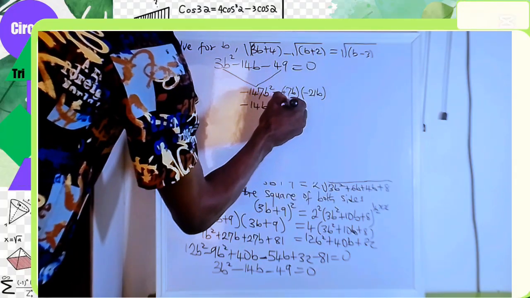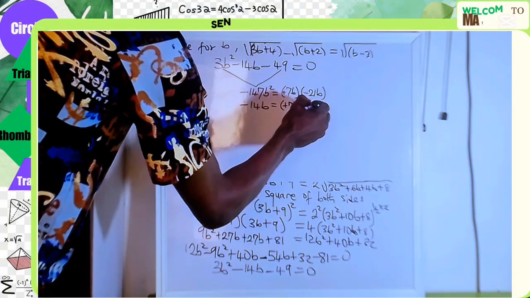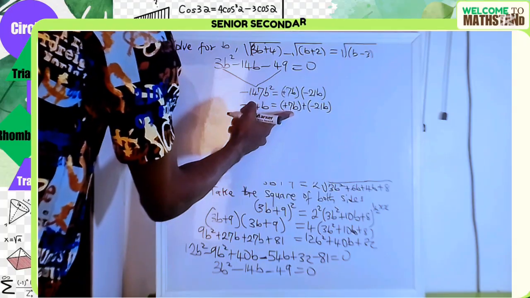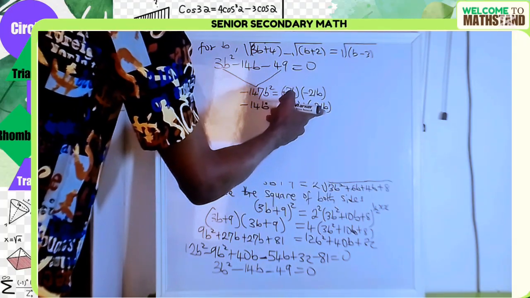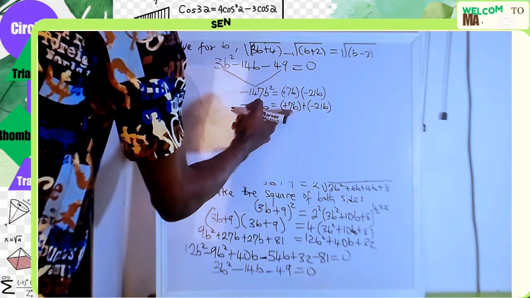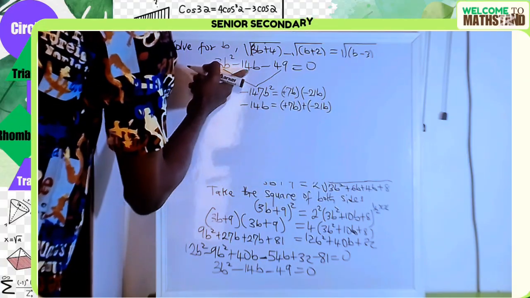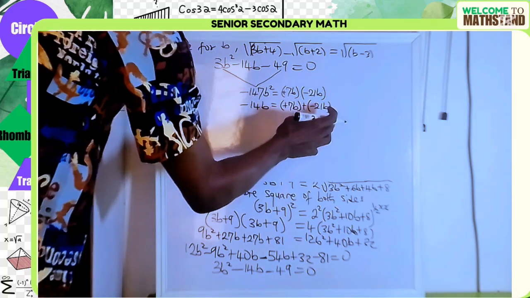So we add them: plus 7b plus minus 21b, that's just like saying 7b minus 21b, which will be minus 14b. I think those are the correct values that can go here.